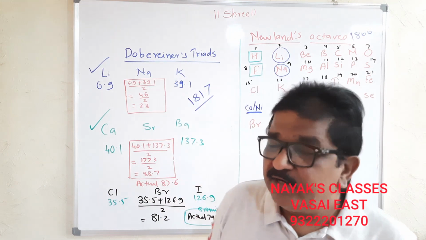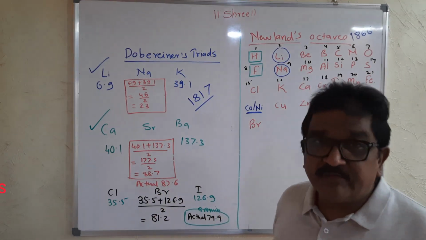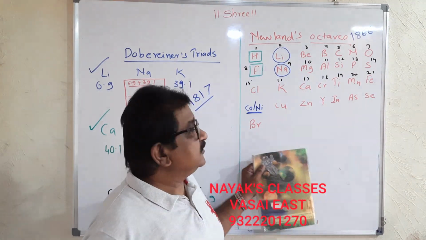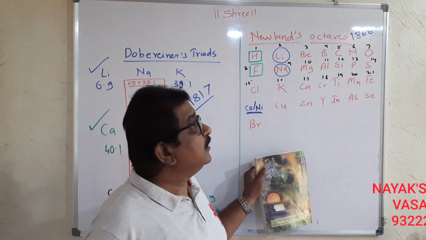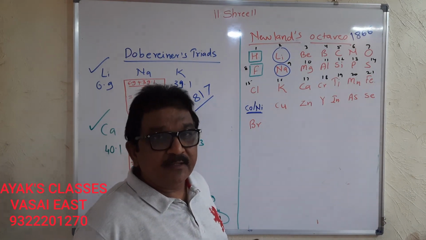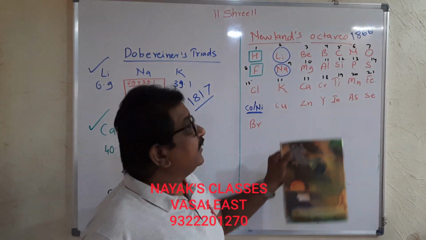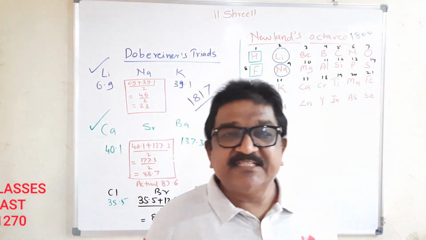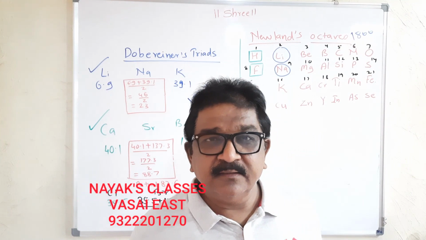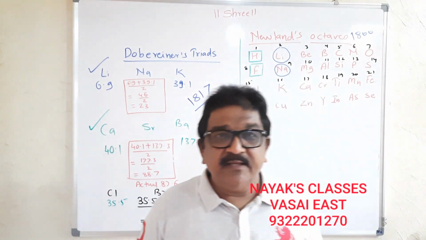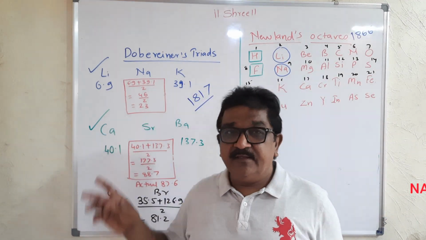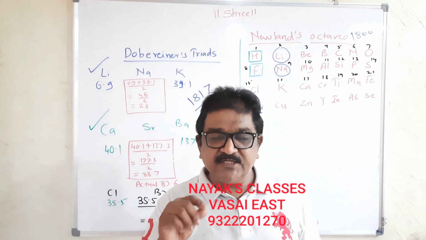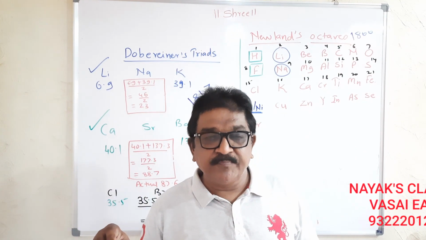The attempt was made by Dobereiner in 1817. After that, the English scientist called Newlands tried to classify in 1866. In 1866, instead of 3, he made a group of 8 elements in the increasing order of their atomic masses.